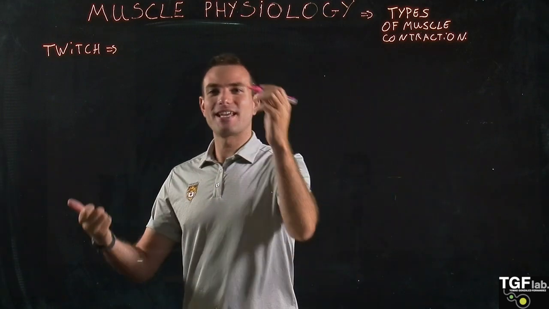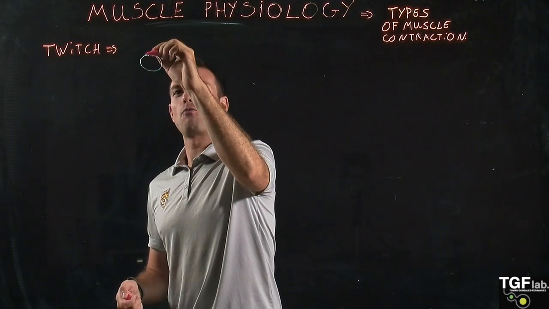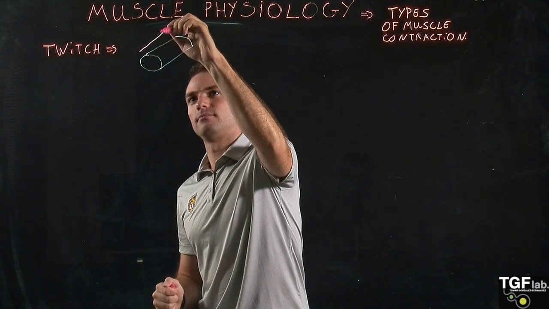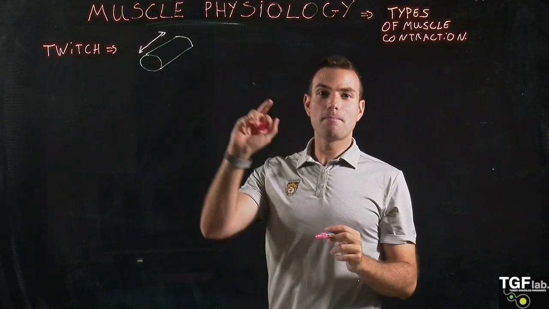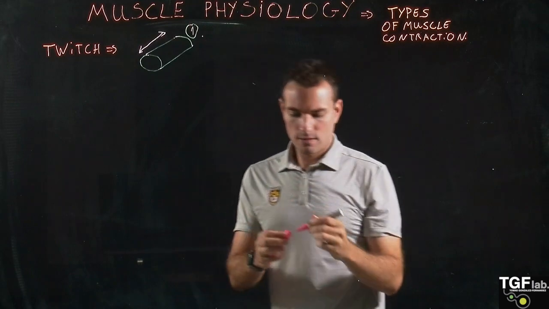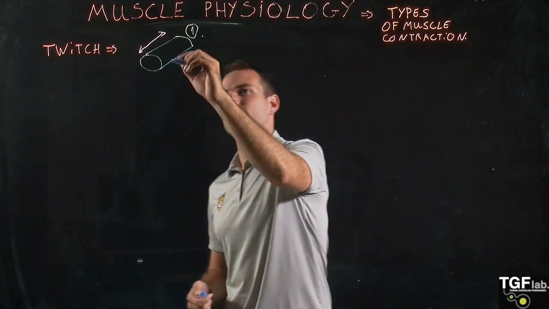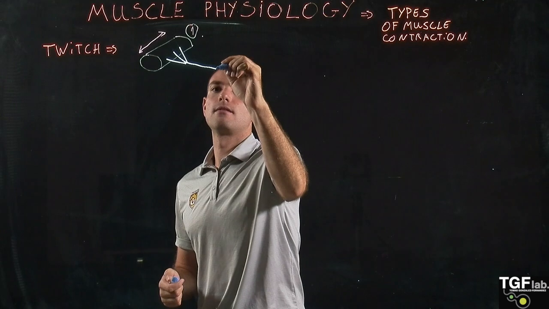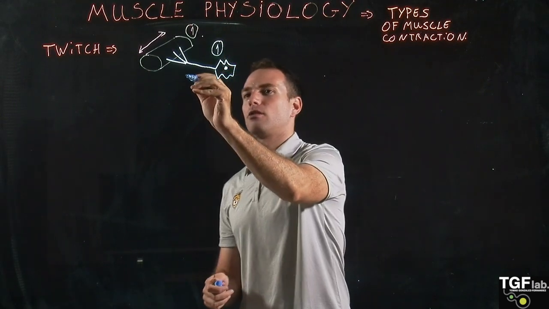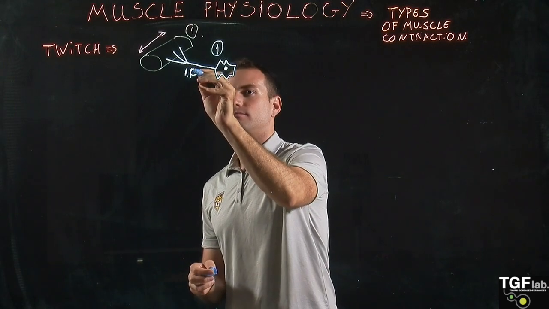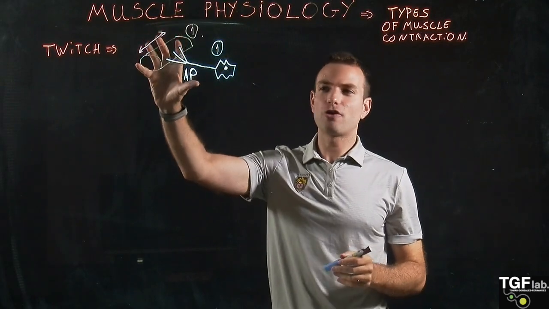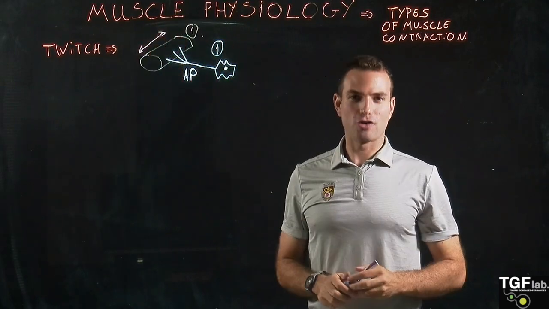So if we want to represent this graphically, it will be the mechanical response of one muscle fiber, only one, that receives only one action potential from the motor neuron.